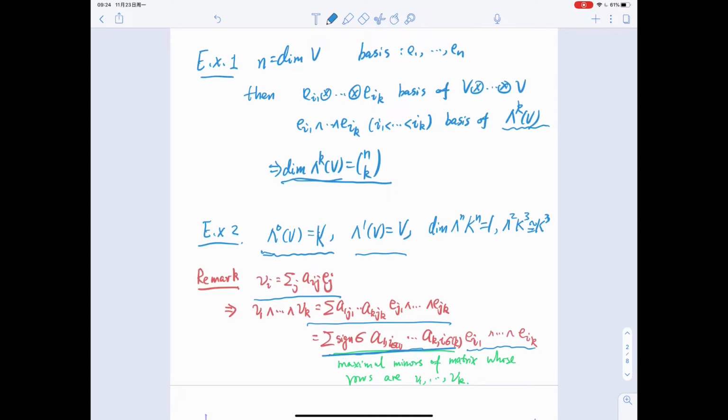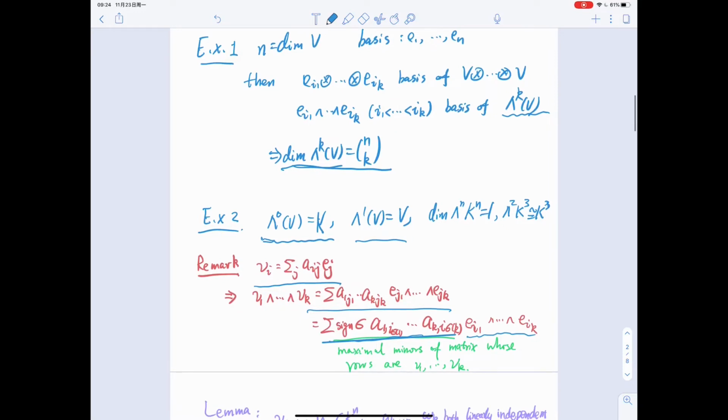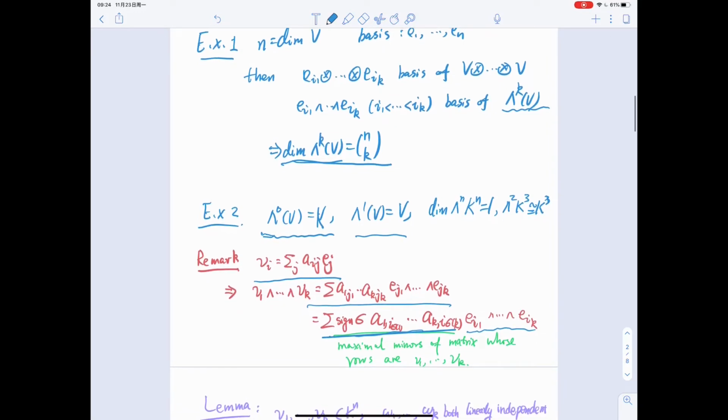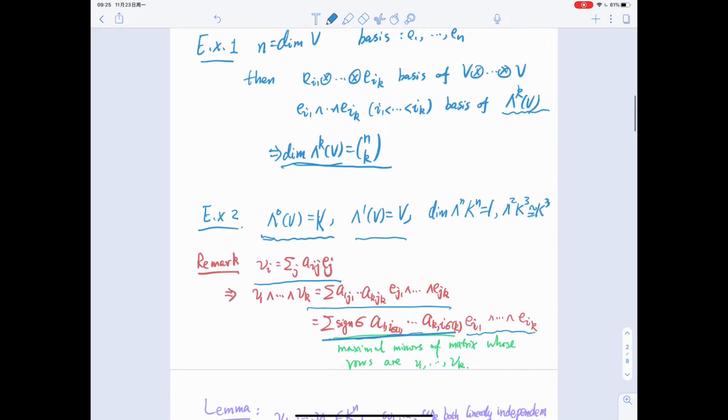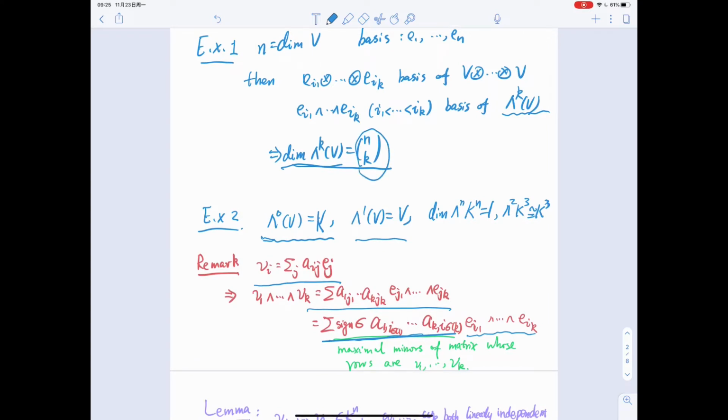Let V be a finite dimensional vector space and n be the dimension of V. Let e1 to en be a basis of V. In the same way as e_i1 tensor ... tensor e_ik form a basis of the ordinary k-fold tensor product, the alternating tensors e_i1 wedge ... wedge e_ik for all i1, i2, ..., ik in ascending order form a basis of Lambda^k V. So its dimension is the combination number.